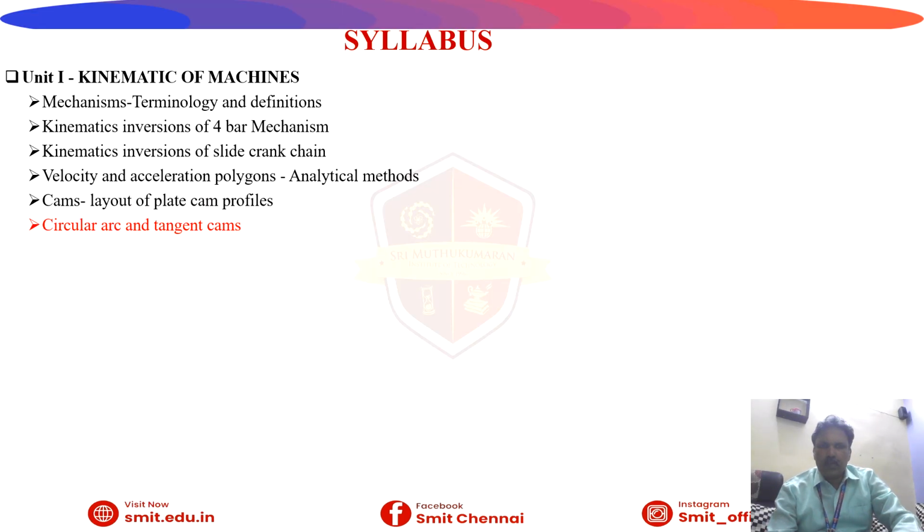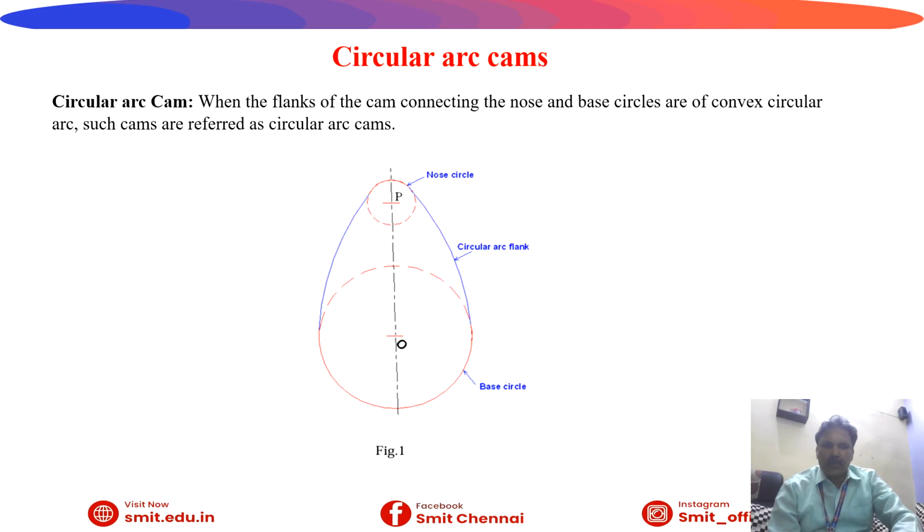That is circular arc and tangent cams. Here we can see when the flanks of the cam connecting the nose and the base circles are of convex circular arc, such cams are referred to as circular arc cams.